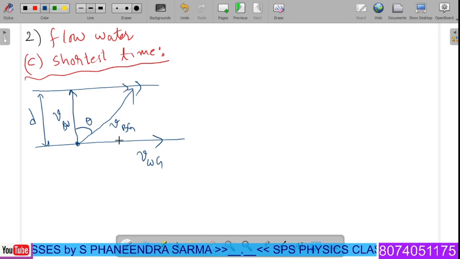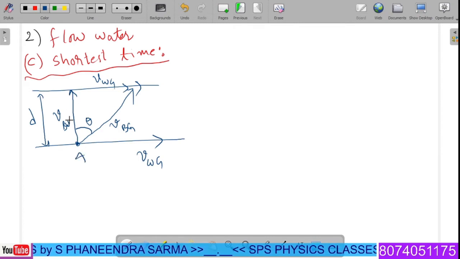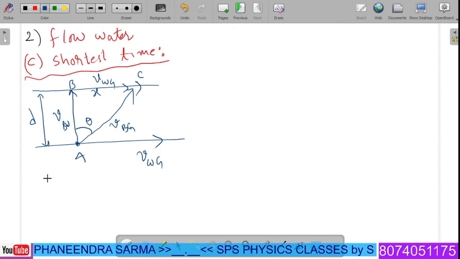Now here, as usual, because the speeds are the same, you can write VWG as it is. So instead of reaching the straight point B, the boat will reach some other position C in the shortest time. Therefore, the drift is called X here. The concept of shortest time is to find how much time is needed.